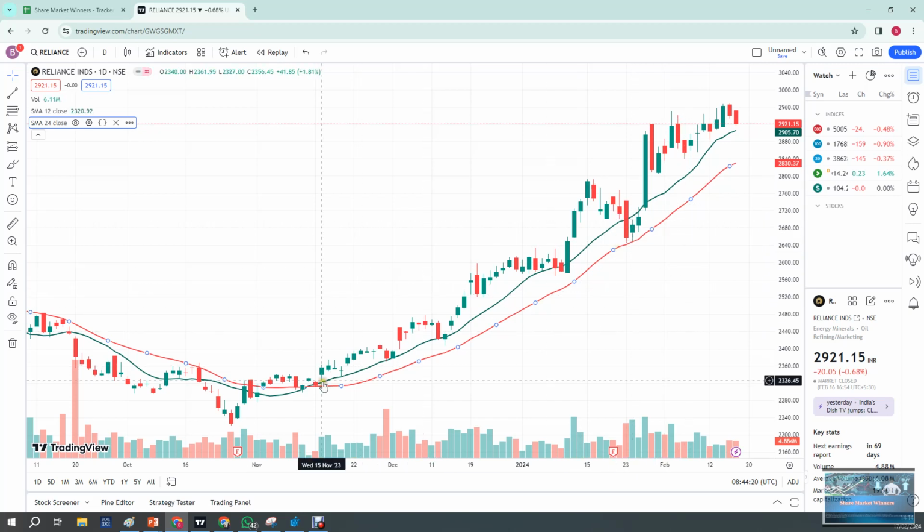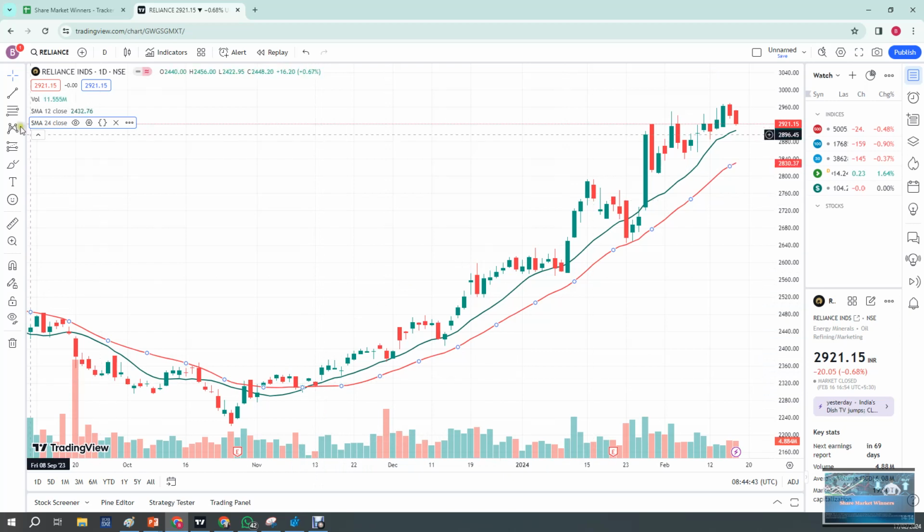So when you take a positional trade or a swing trade, you can consider this point to understand whether it is going well above the trend line of the 12 simple moving average. You can hold the position until it crosses, so that you will make a good benefit.